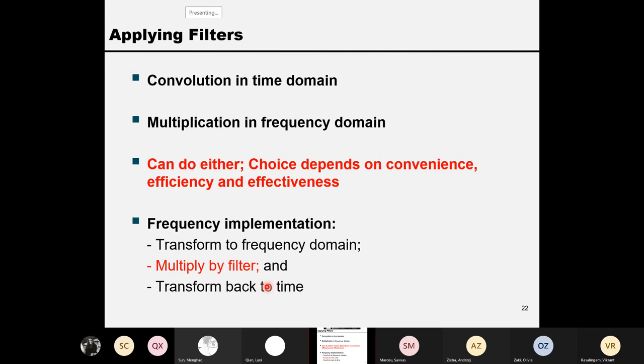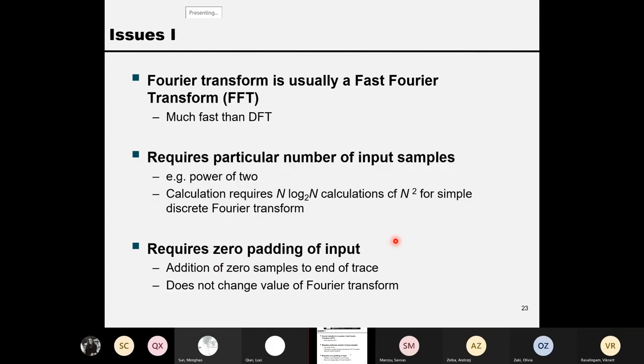But because Fourier transform is a very, very fast calculation, we cannot completely ignore it, but definitely it's very, very fast, very efficient. The efficiency is achieved by something called the fast Fourier transform, much faster than the DFT.